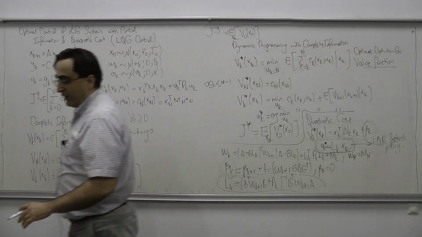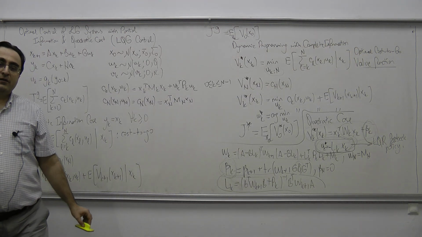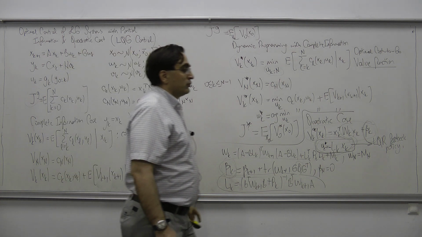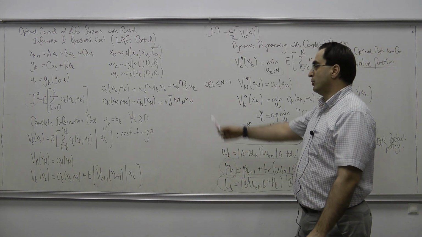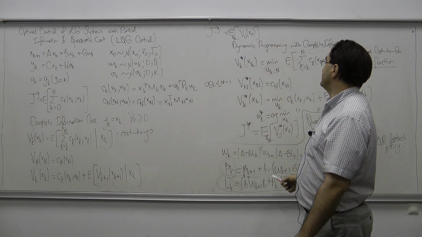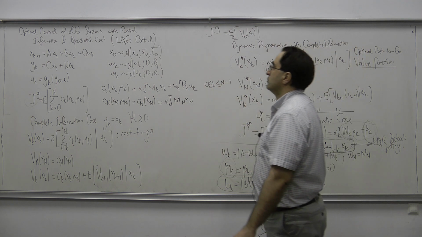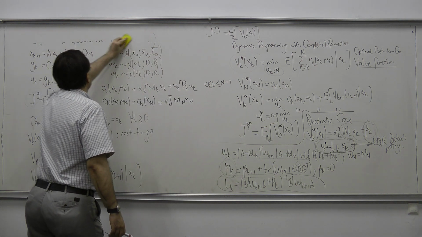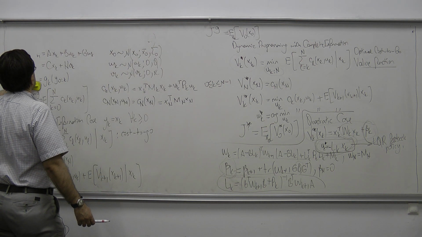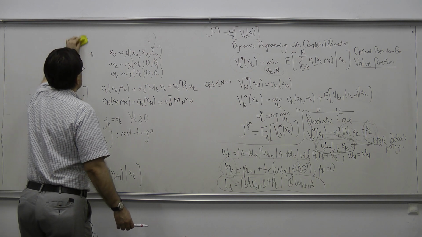So now this was so far what we have seen. Now I'm going to go into the partial information case, and we are going to try to repeat these parts for the partial information case. Okay? And in that case, we don't have complete information of the state anymore. Okay?